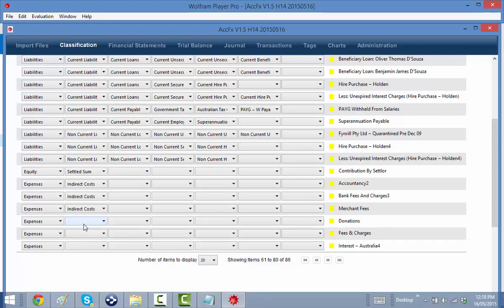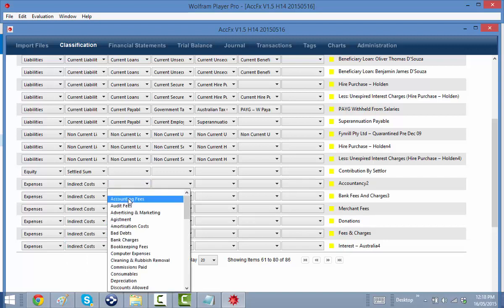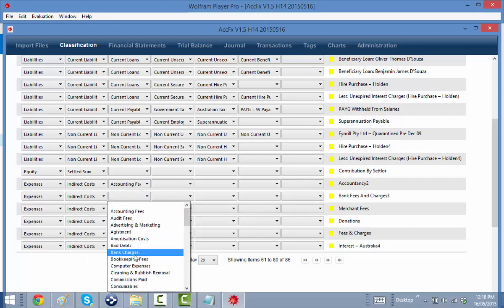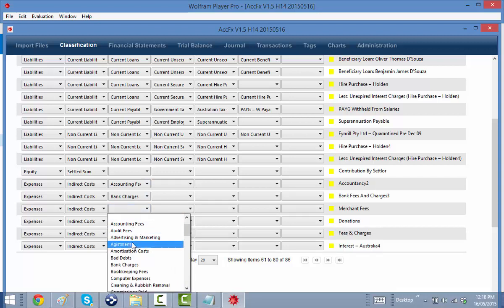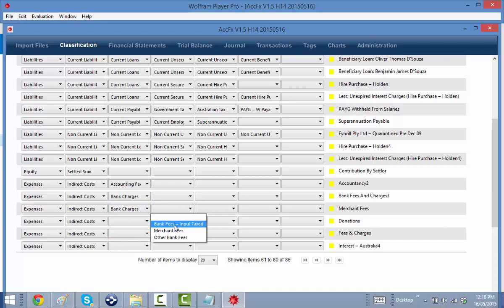and these ones must have got missed. So accounting fees, bank charges, and when it's bank charges, merchant fees, bank charges, other.